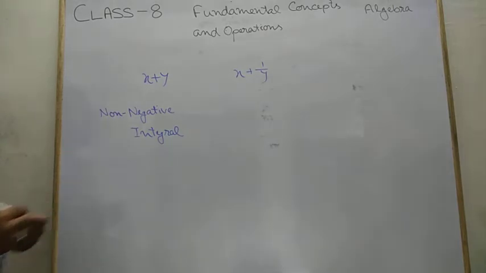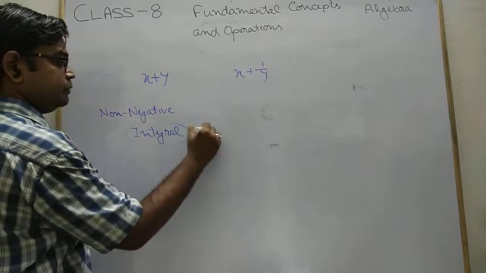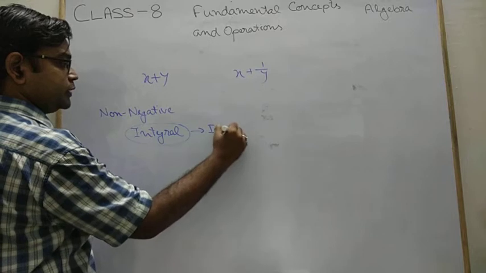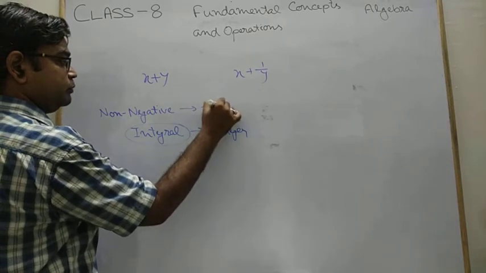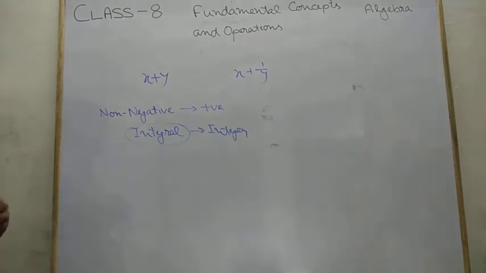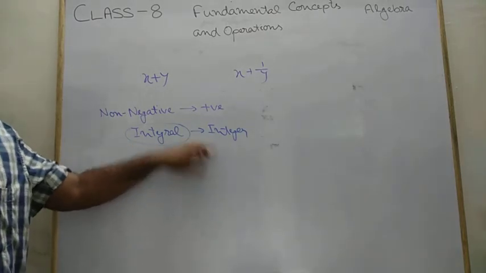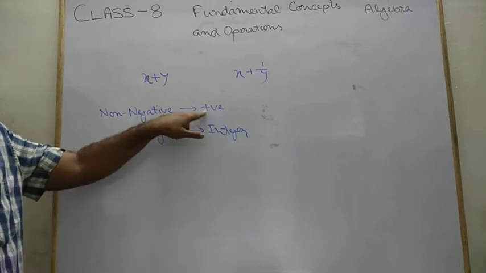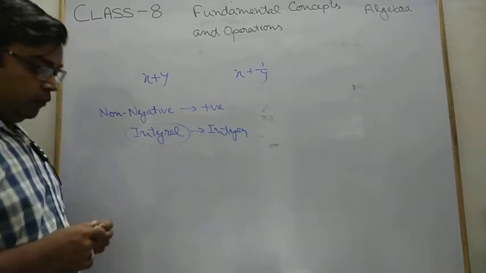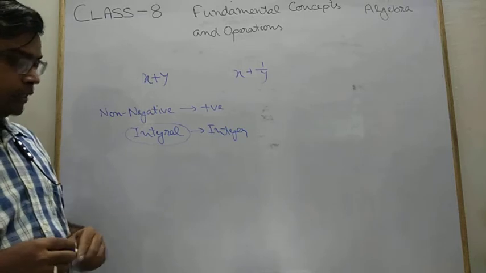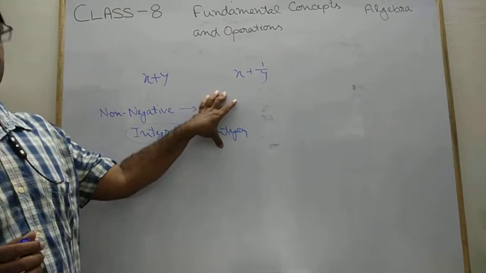What is the meaning of integral? It means integer, not a fraction, and positive means having a positive sign. Using this concept, we can explain whether an expression is a polynomial or not.